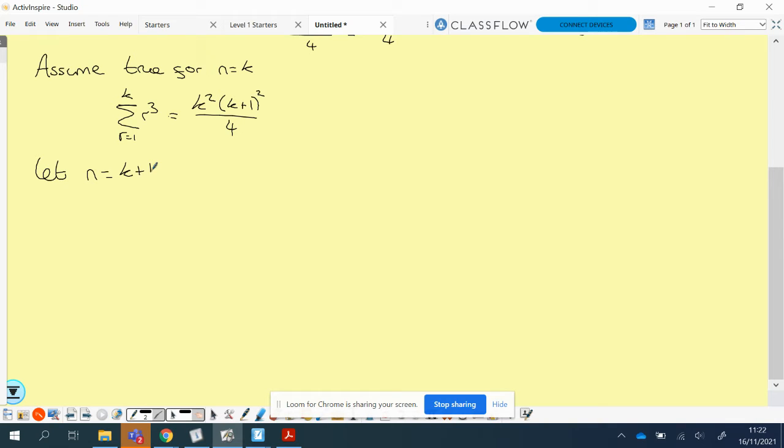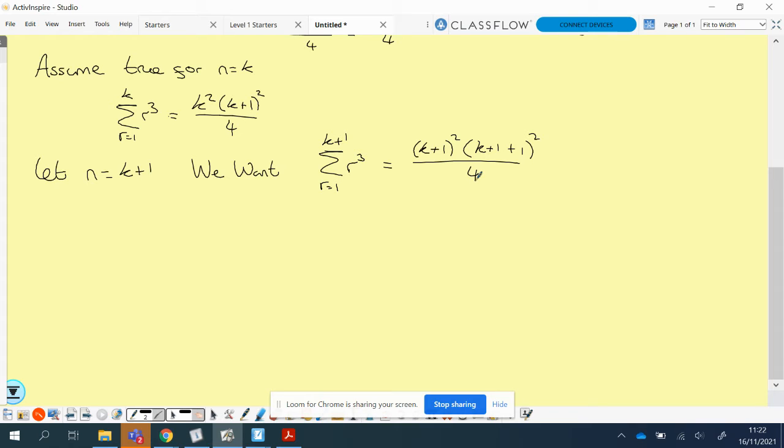Now what we want to prove is that the sum r equals 1 of r cubed up to k plus 1 now. What we want to prove is that on the right-hand side that's going to give me k plus 1 all squared, k plus 1 all squared over 4.